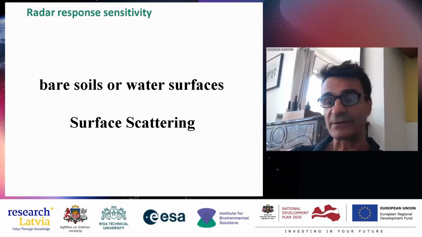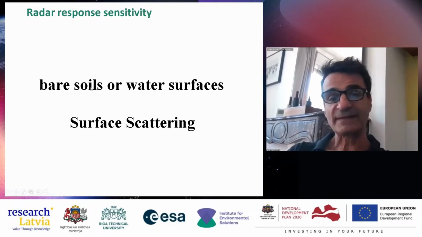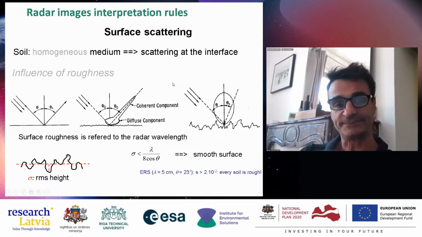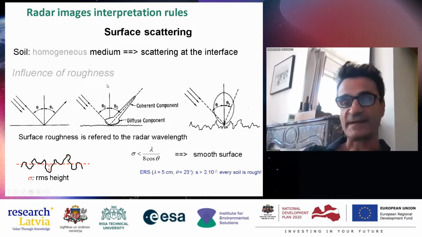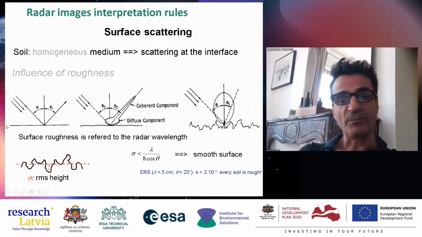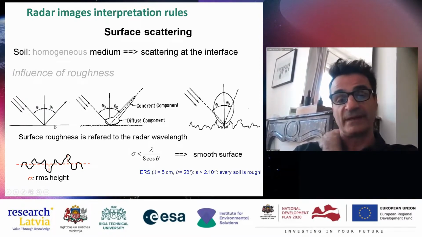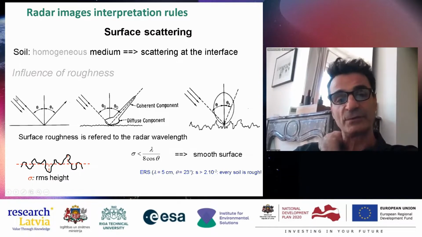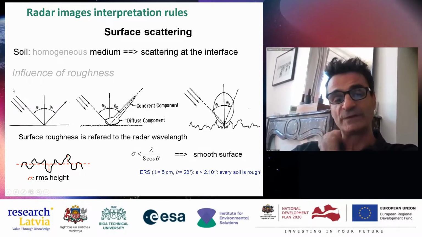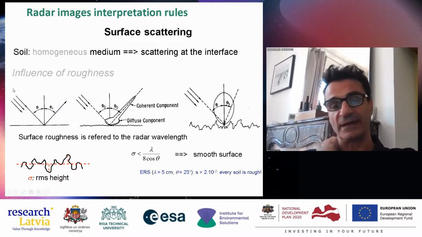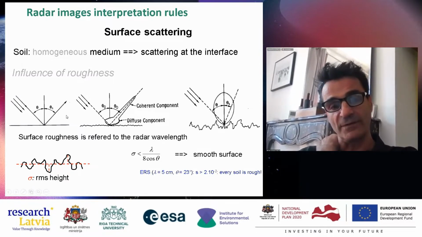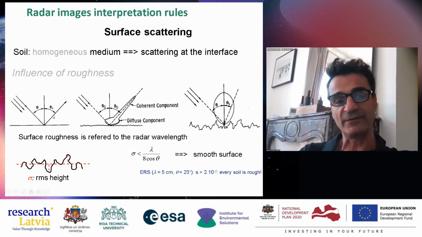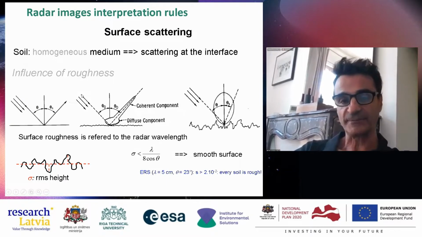So, in the case of surface scattering over bare soils or water surfaces, this is theory. Over a perfectly reflecting surface, totally flat, all the incoming radiation will go into the specular direction. So if you have a radar here, you don't see any backscattered echo because all the incoming wave goes in the specular reflection.